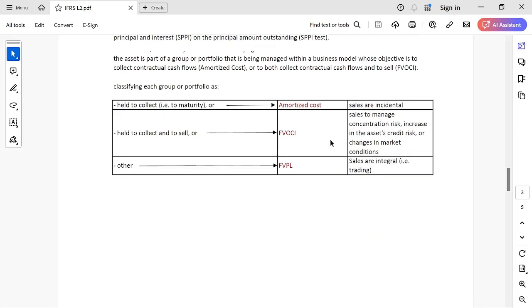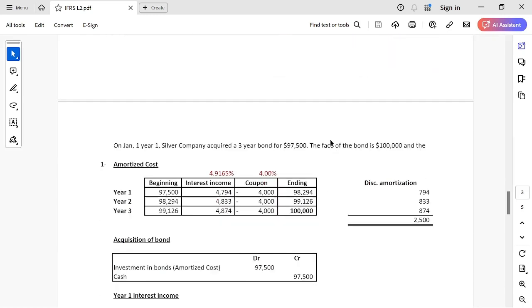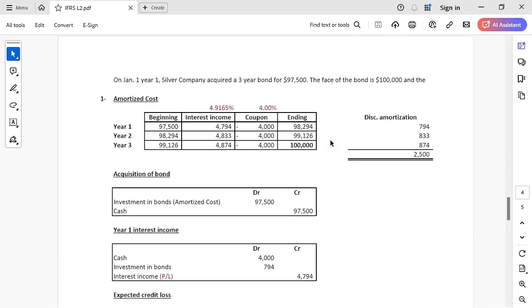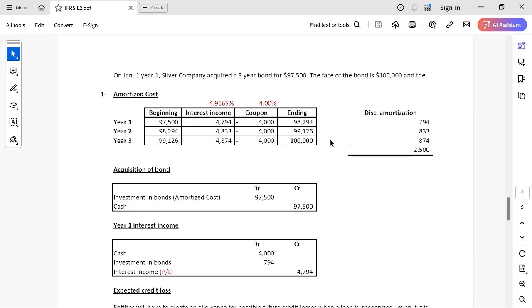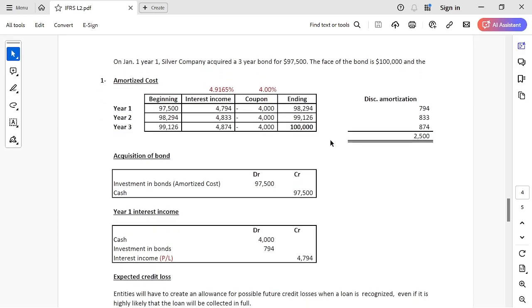I'll come back to this verbiage later, but let me have a look again at an example, as I usually tend to do. We'll have a look at the example and then go back to the verbiage. Here the company acquired a $100,000 bond. This is the face value, and they paid 97,500.